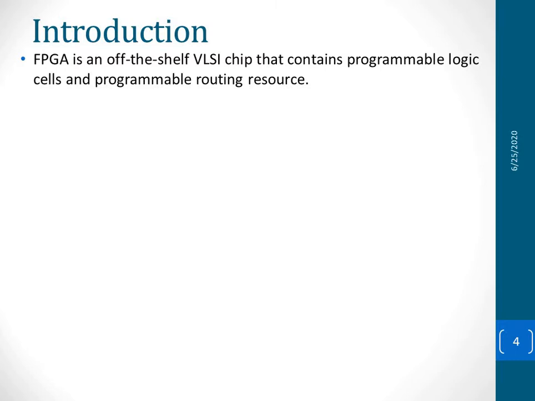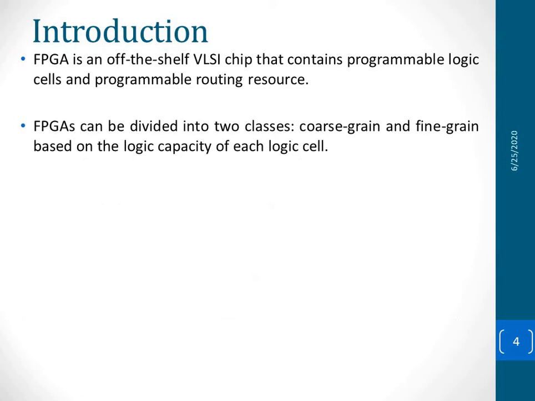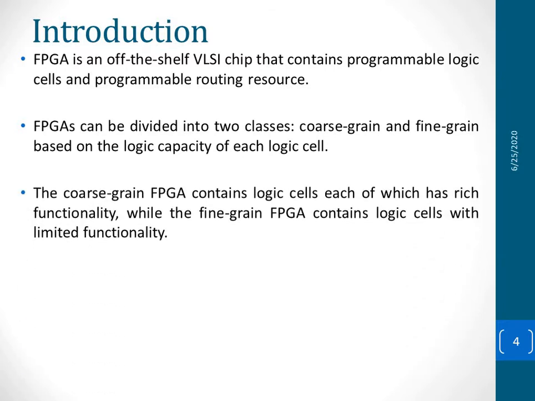FPGA is an off-the-shelf VLSI chip that contains programmable logic cells and programmable routing resource. FPGAs can be divided into two classes, which we have seen in the previous lecture also: coarse grain and fine grain, based on the logic capacity of each logic cell.